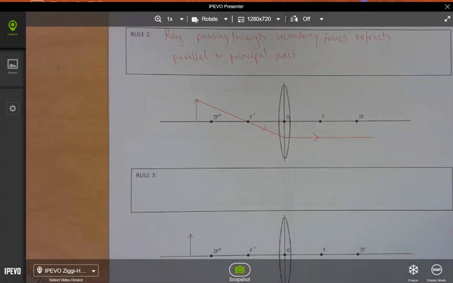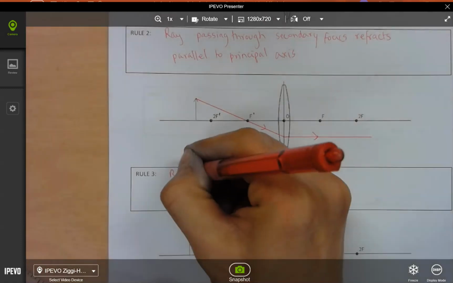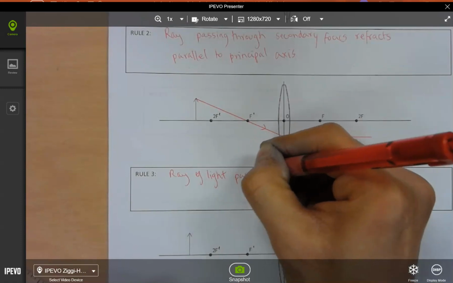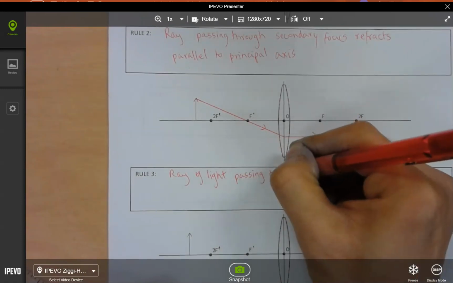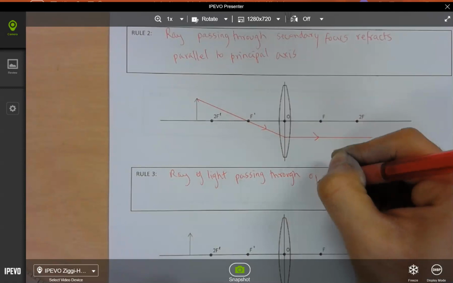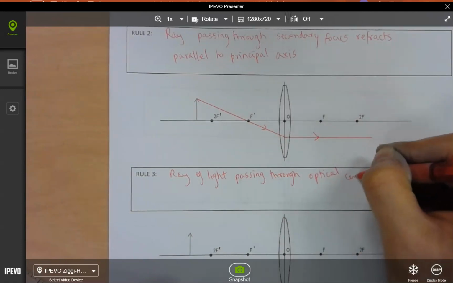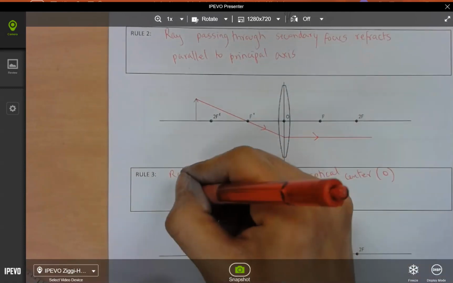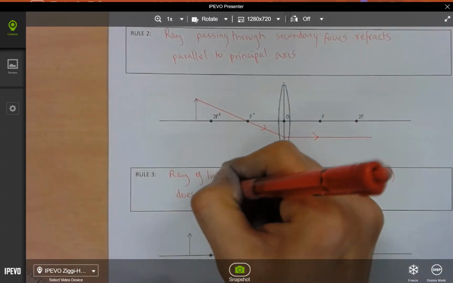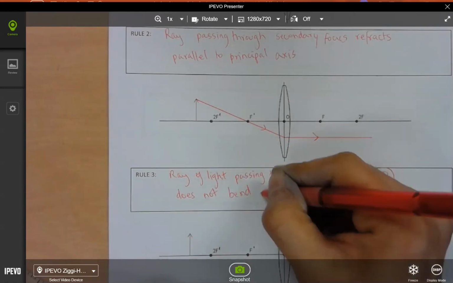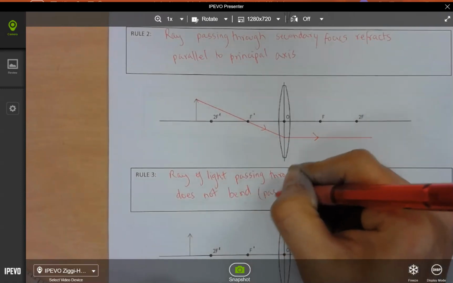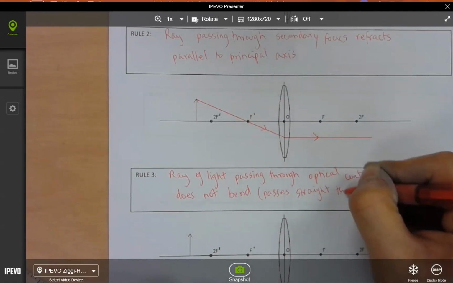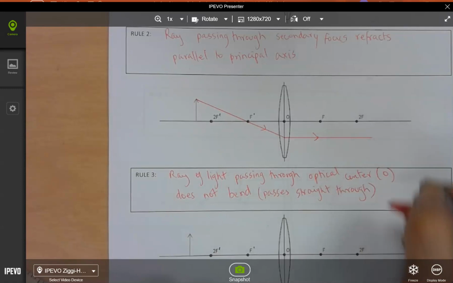Rule number 3: a ray of light passing through the optical center, which is the O point, does not bend at all.